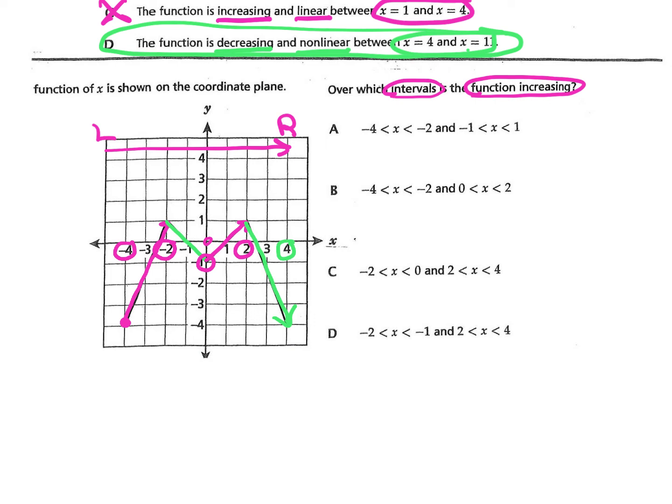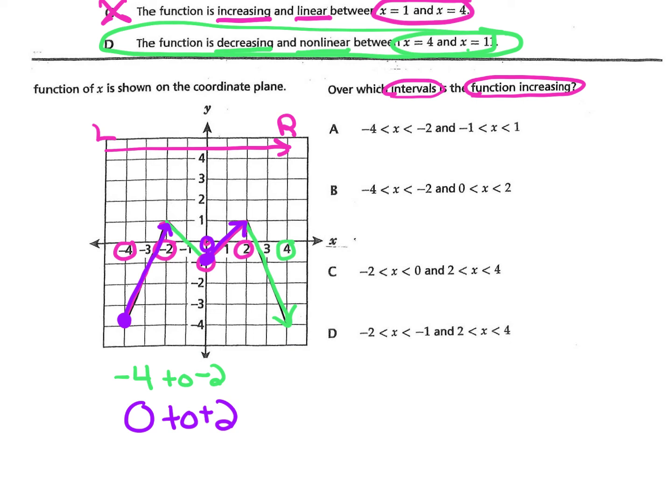So select the correct answer, A, B, C, or D, knowing that it increases from -4 to -2, from here up to here. And we know it also increases from 0 to +2, from here to here.